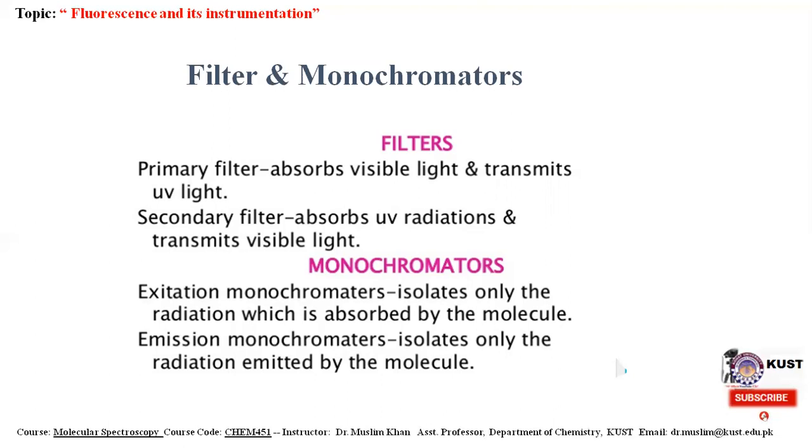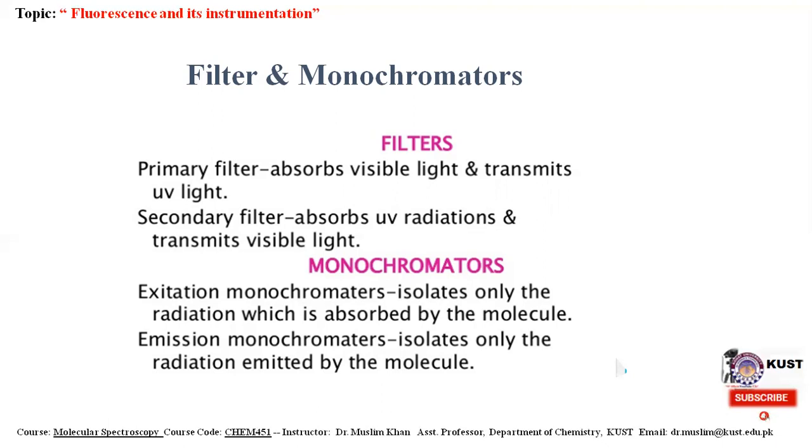One is the excitation wavelength selector, which selects the radiation of a specific wavelength at which excitation occurs. The excitation monochromator isolates only the radiation which is absorbed by the molecule, while the emission monochromator isolates only the radiation emitted by the molecule.